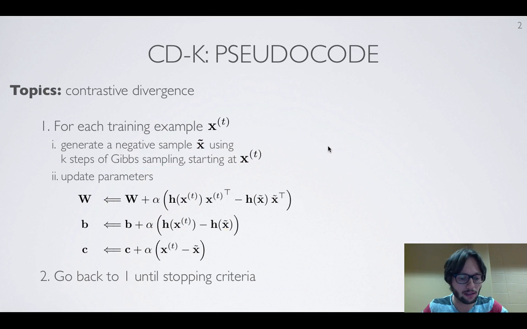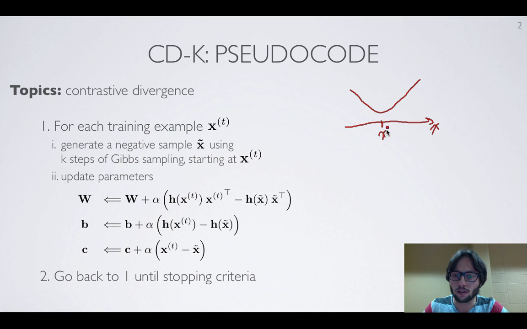The reason for that is, let's look back at our intuition for what CD does. So imagine I have an energy function which looks something like this, where this would be a linear organization of all values for the x vector. And imagine I have a training example here.